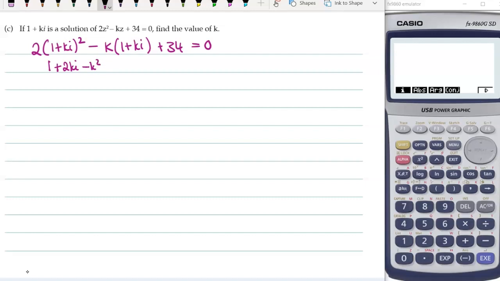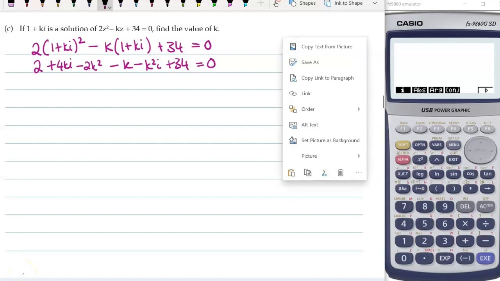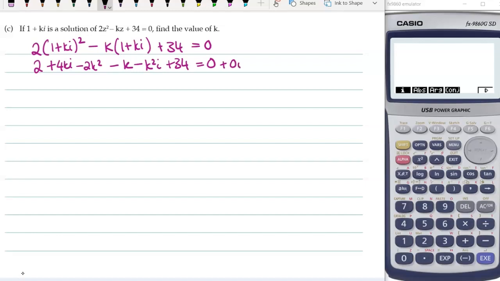K squared i squared is going to become minus k squared. Now if I times everything through by 2, I've got 2 plus 4ki minus 2k squared minus k squared i plus 34 is equal to 0. Now if we're thinking in complex terms, it's actually equal to 0 plus 0i.